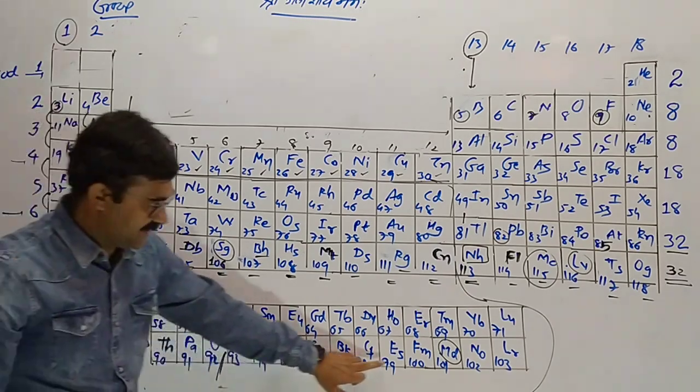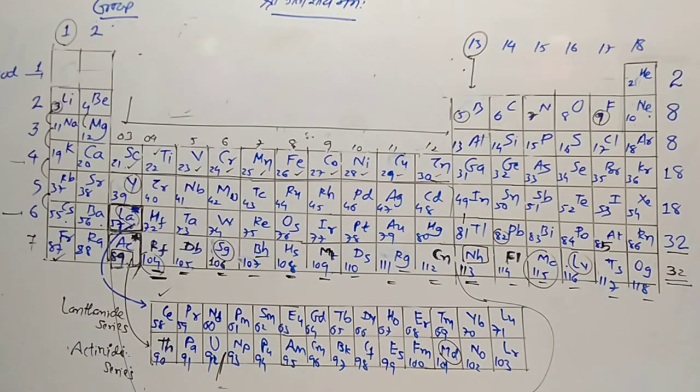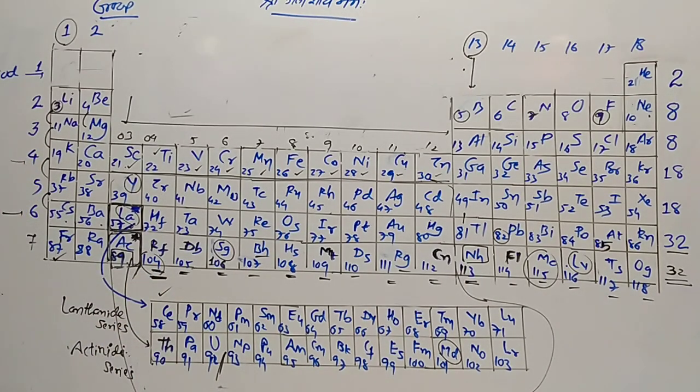So the place of these elements is actually in period number 7 and group number 3, including actinium. Then after 104, tell me. 104 is rutherfordium. 105 is dubnium. 106 seaborgium. 107 bohrium. 108 hassium.